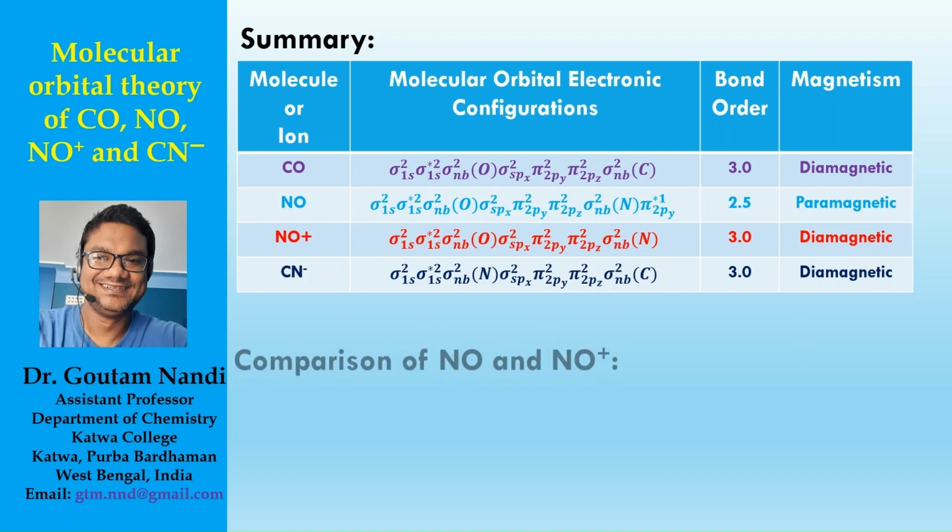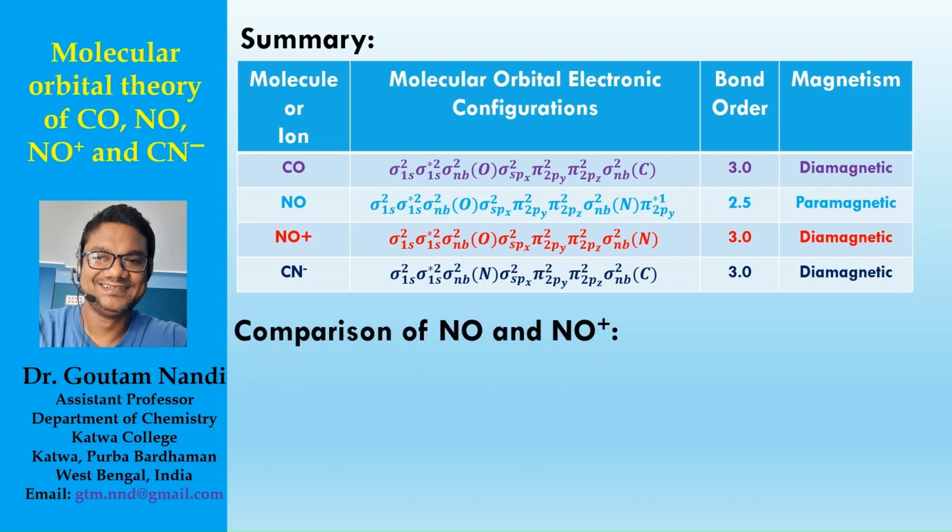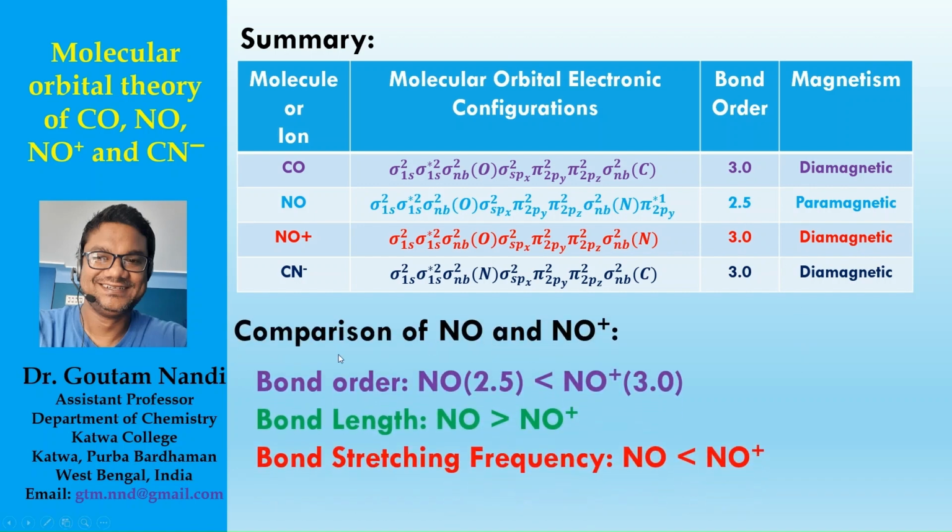Now let us consider NO and NO plus. Here you can see the bond order will be greater for NO plus as it has 3 bond order compared to 2.5 for NO, and bond length will be greater for NO than NO plus, because we know with the increase of number of bonds the bond length decreases.